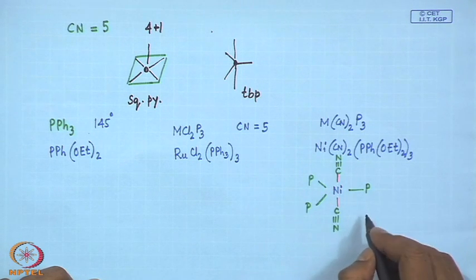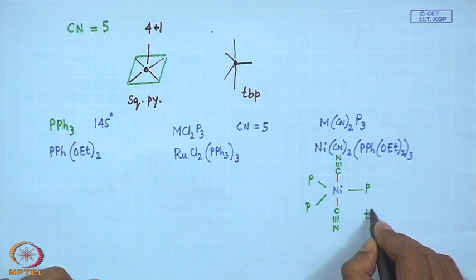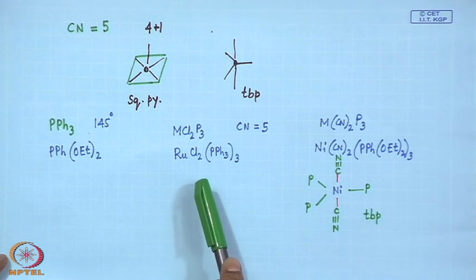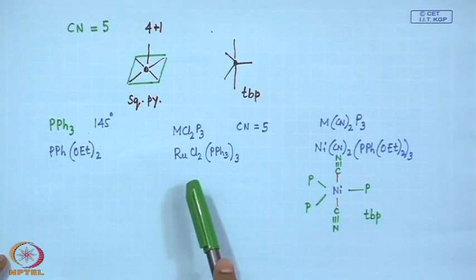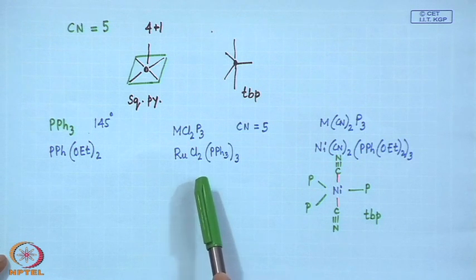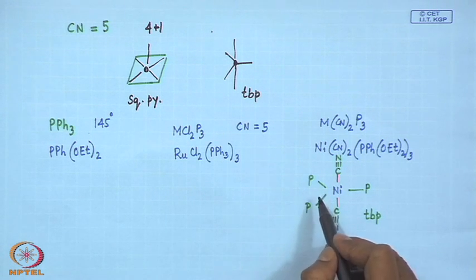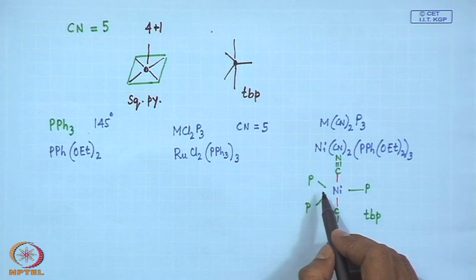So, we have a corresponding geometry of TBP. This is also true for ruthenium and some other types of compounds, where we will see that the phosphine groups which are present basically occupy some of these positions.